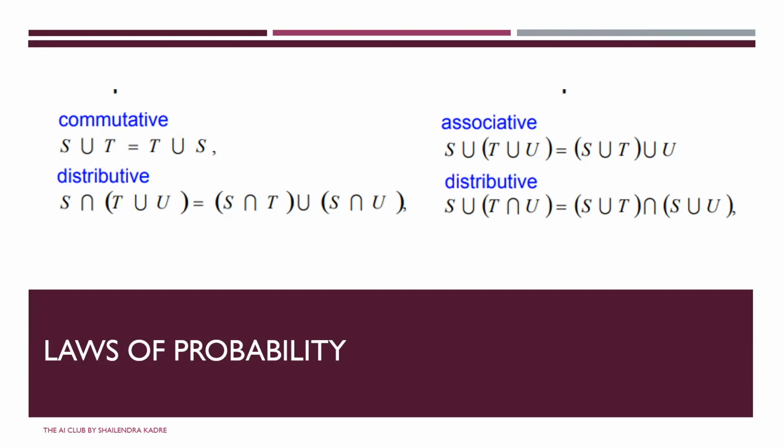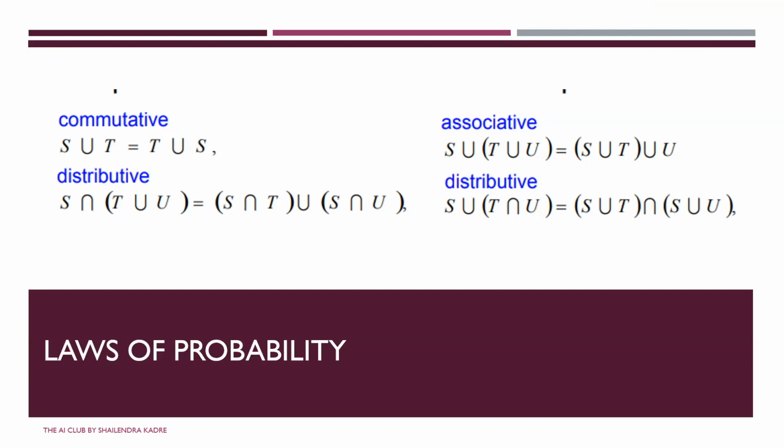If there is an intersection and there is a bracket, that intersection will go inside the bracket. This is distributive law with union. And then distributive with intersection, the second row second formula: S union bracket T intersection U. That union also goes inside: S union T intersection S union U. Understood? All four formulas understood?